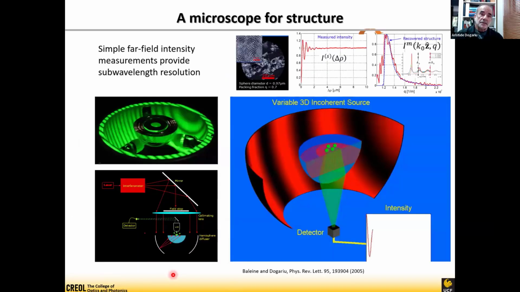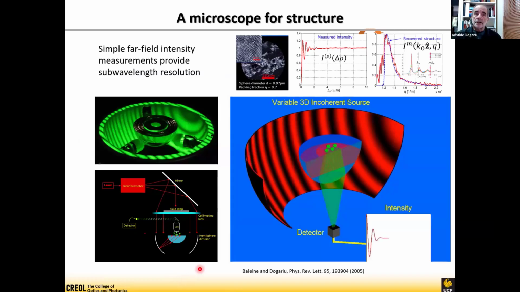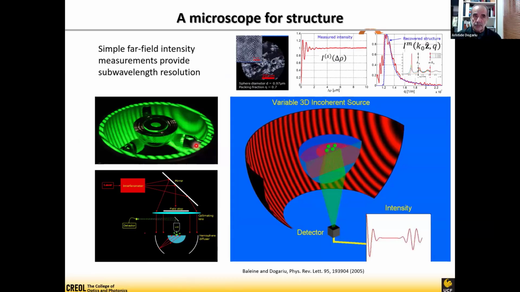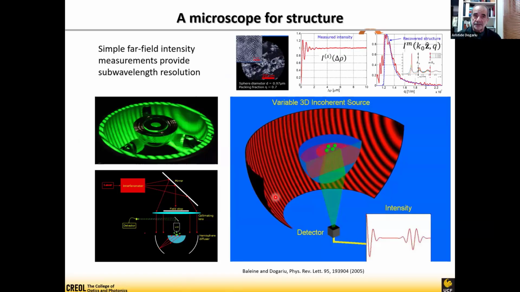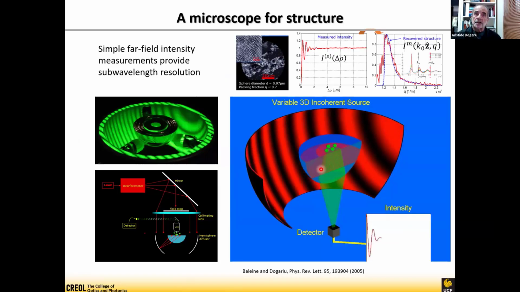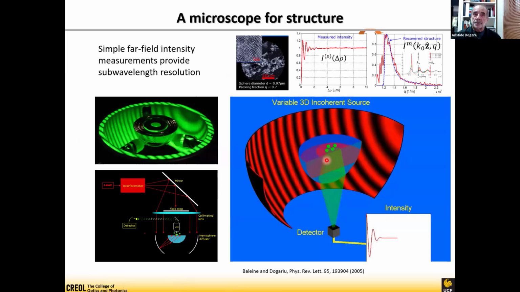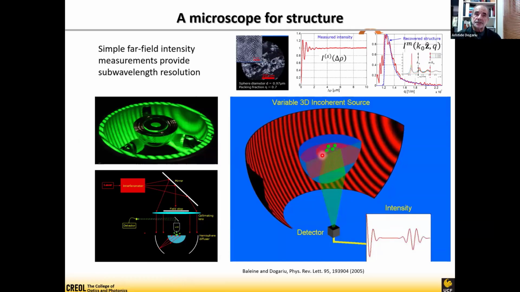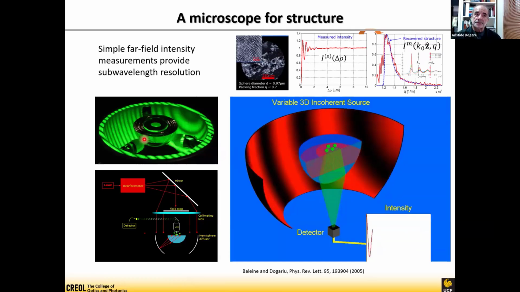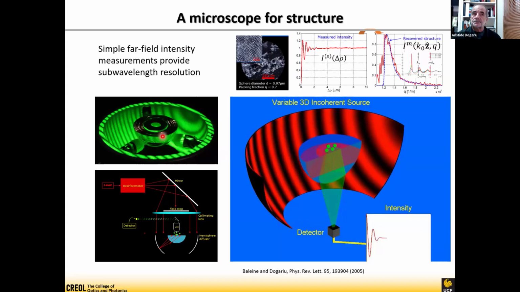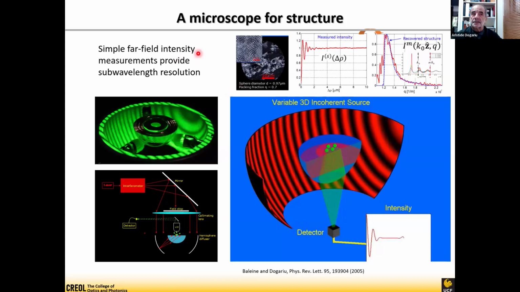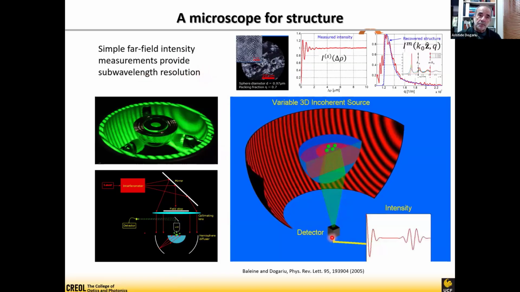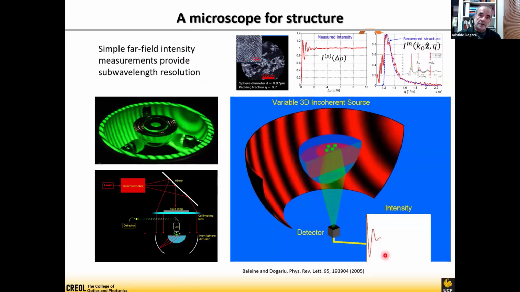You can do even more. You can structure the same type of controllable spatial coherence in a three-dimensional setting. You create a three-dimensional controllable source of partially coherent fields, which allows you to probe the correlation function of the scattering potential across this hemisphere with a precision that is better than the wavelength, based on simple intensity detected in the far field.